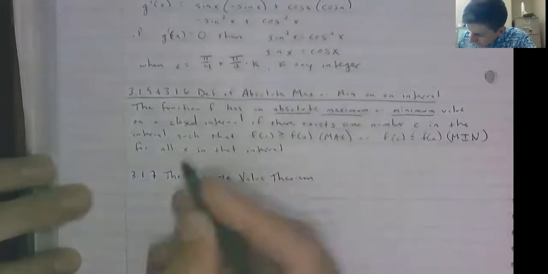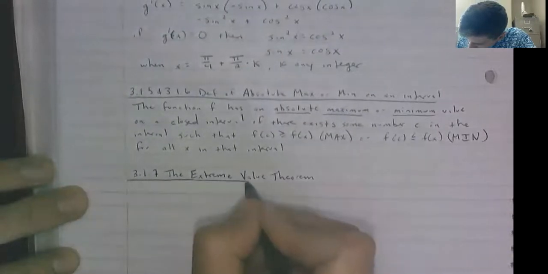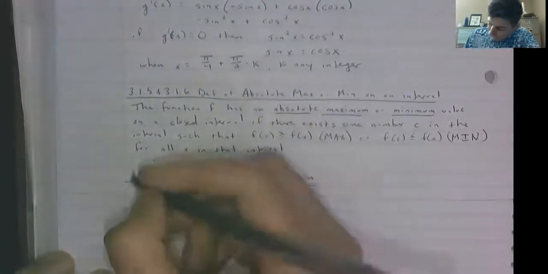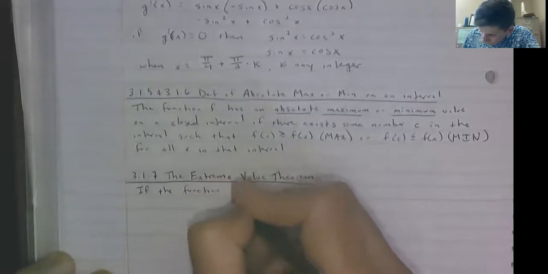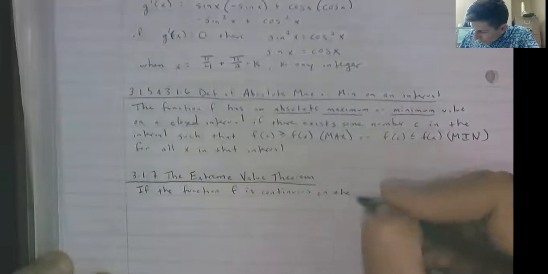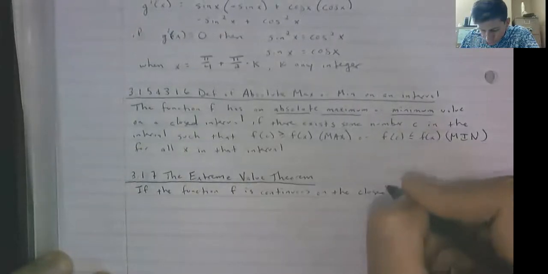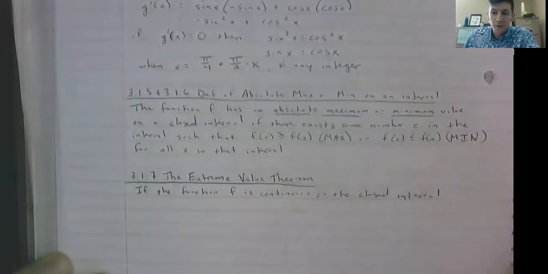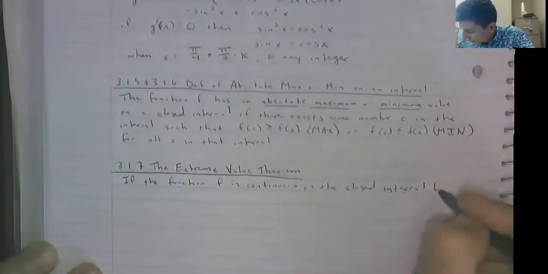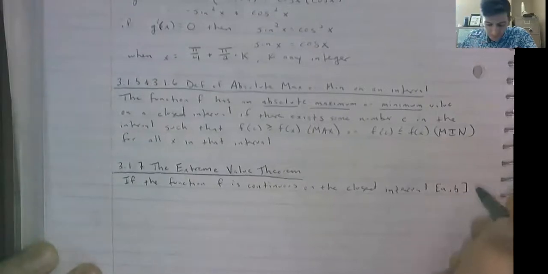The extreme value theorem says if the function f is continuous on the closed interval. Closed interval is like, again, Pavlovian response. Closed interval, you should be thinking extreme value theorem from a to b.